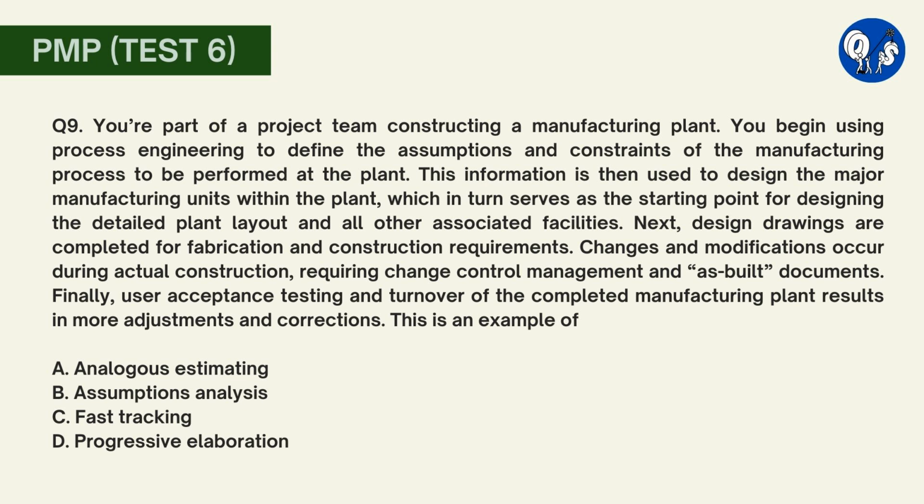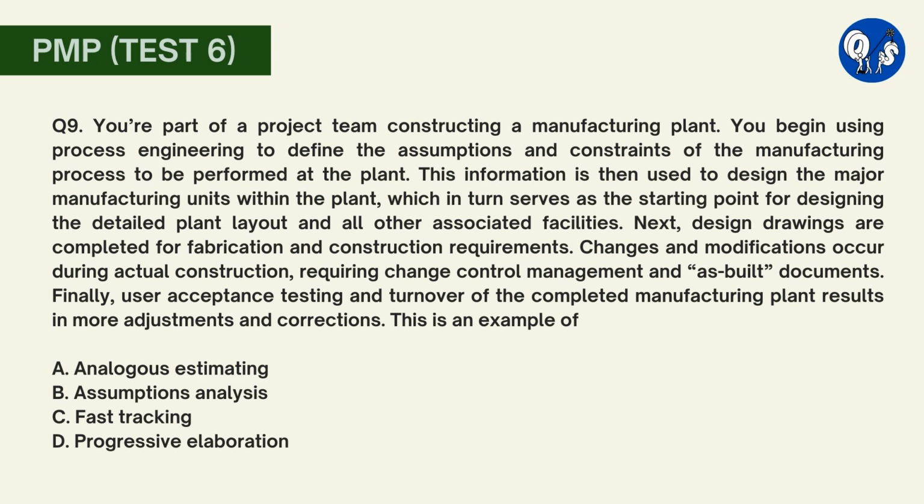Question number 9. You are a part of a project team constructing a manufacturing plant. You begin using process engineering to define the assumptions and constraints of the manufacturing process to be performed at the plant. The information is then used to design the major manufacturing units within the plant, which in turn serves as the starting point for designing the detailed plant layout and all other associated facilities.